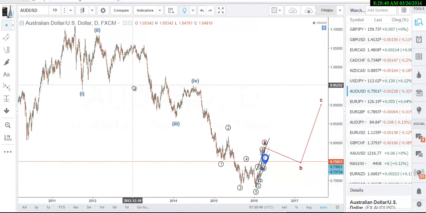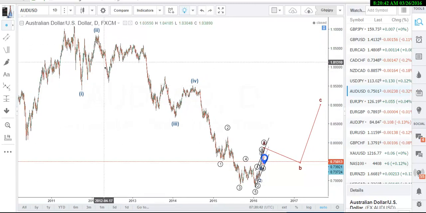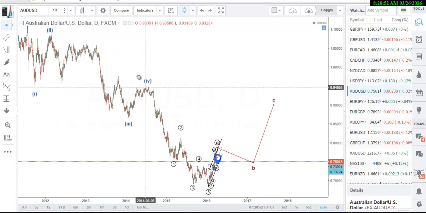So this is a 5 wave structure. Wave 1, wave 2, wave 3, wave 4, wave 5. Wave 4 flashed a bit around here, but immediately went down, so it can still be accepted as wave 4, and then we can see the wave 5.